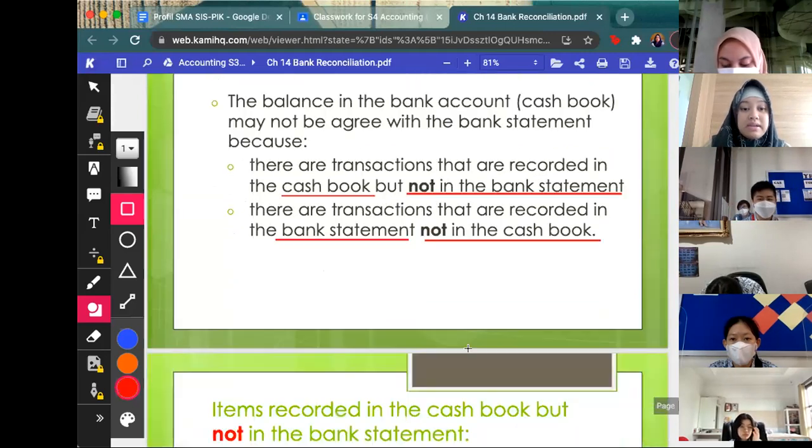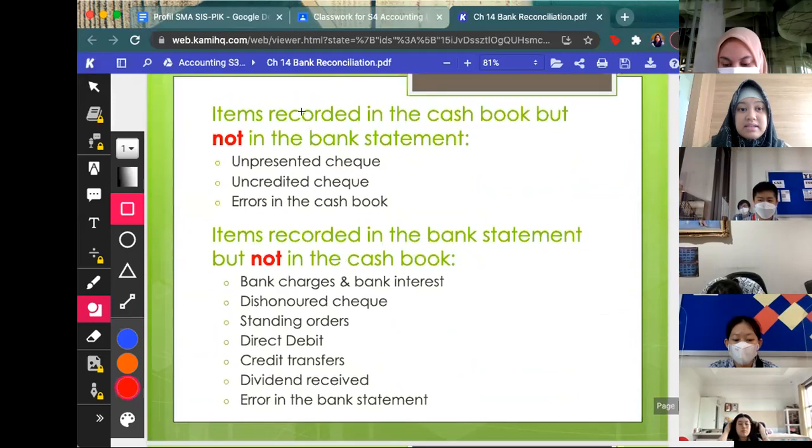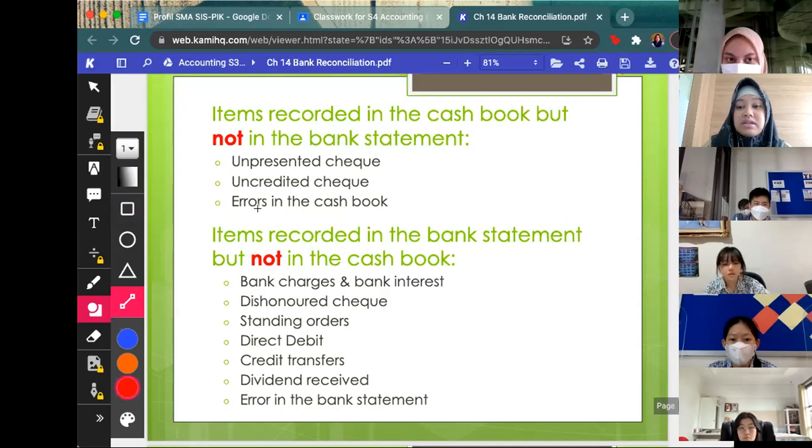Now, items recorded in the cash book but not in the bank statement are the regular reasons why they are not shown in the bank statement. The first one is unpresented check. The second one, uncredited check. And lastly, errors in the cash book.